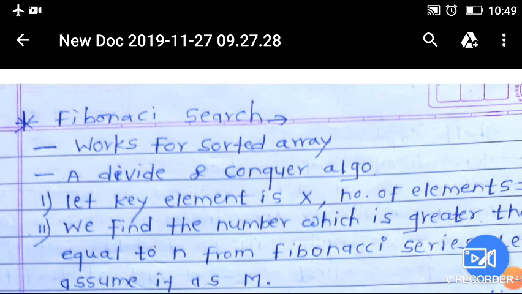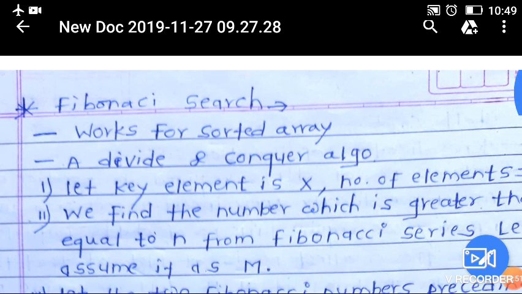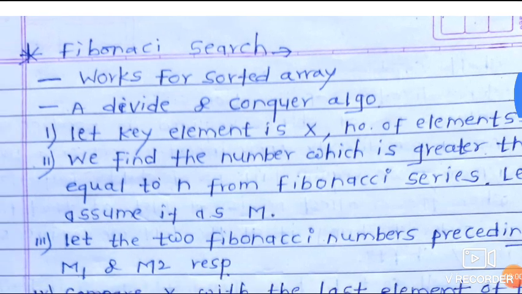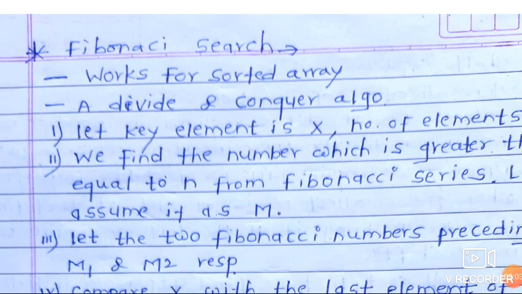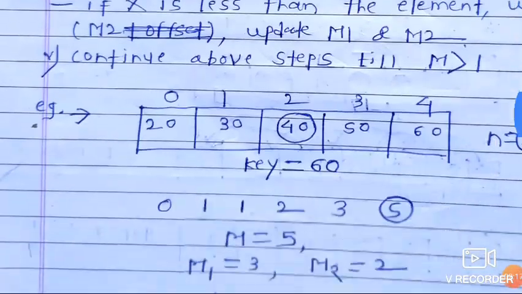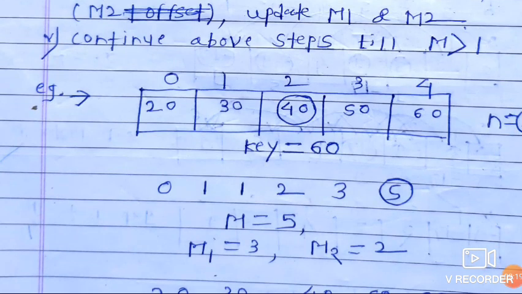In Fibonacci search, first we accept an array of size n. We sort the given array, then we accept the key element. Once we accept the key element, we generate a Fibonacci series up to some extent.